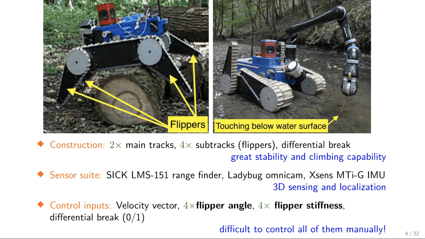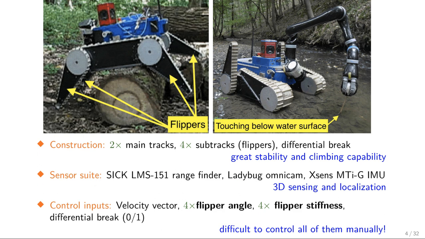Then there's a rich sensor suite. There is a laser rangefinder, which sends arrays of laser rays in one plane, but it has an additional motor that rotates, such that it can sample more than one plane.